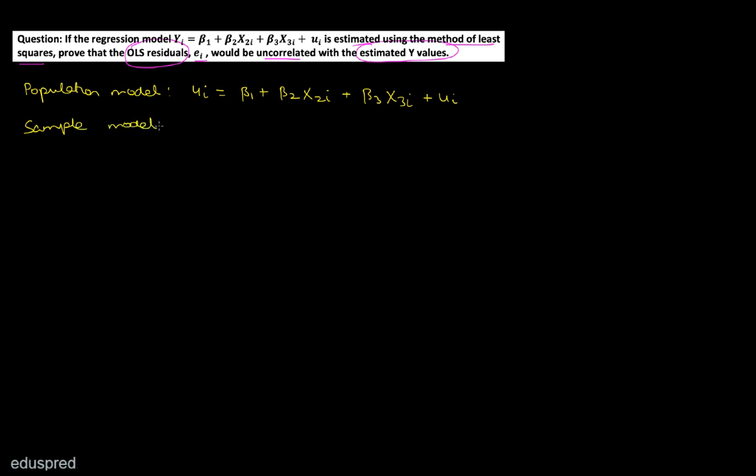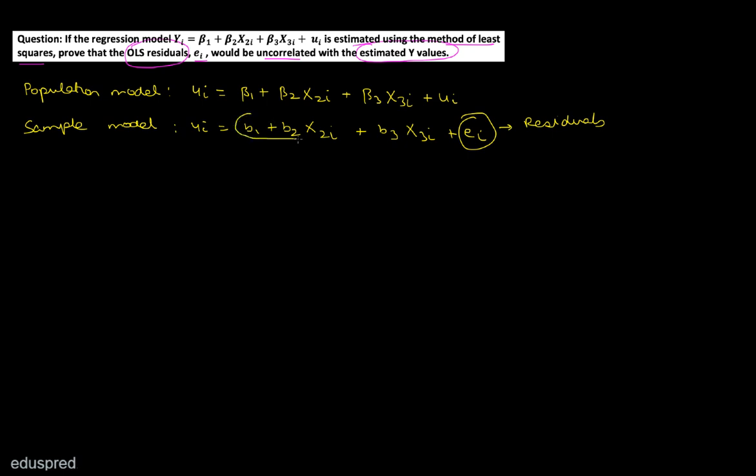It will be yi equal to b1 plus b2 x2i plus b3 x3i plus ei. So b1 is the estimator of beta1, b2 is the estimator of beta2, b3 is the estimator of beta3, and ei is the sample error, that is residuals.